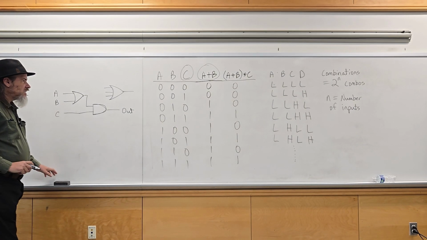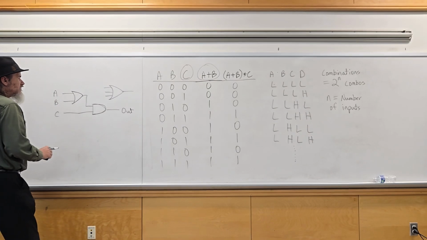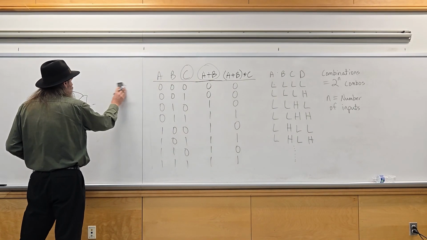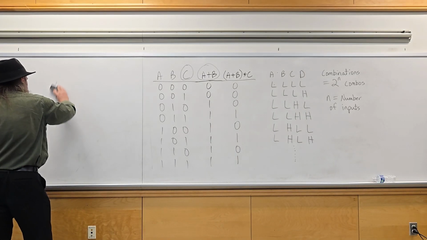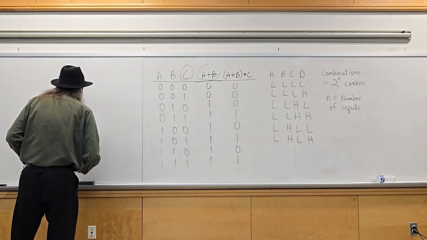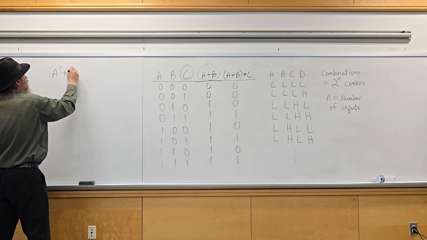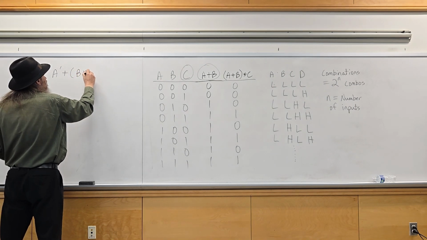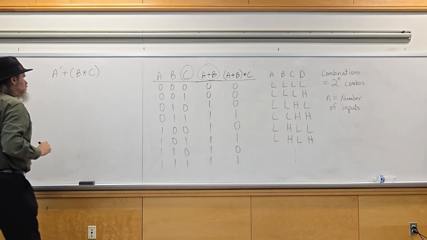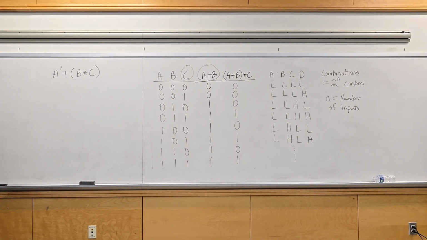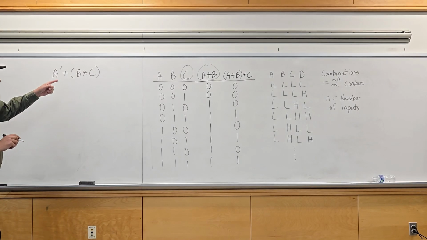So now say you have an expression and you want to create a circuit from that. Say you have A prime or B and C. What's the order of operations for algebra? What comes first? Parentheses. What's in the parentheses?